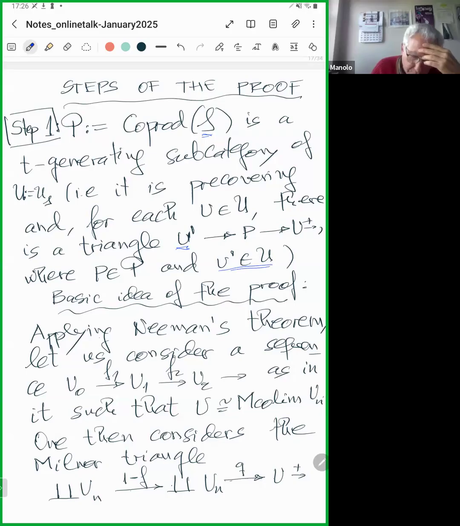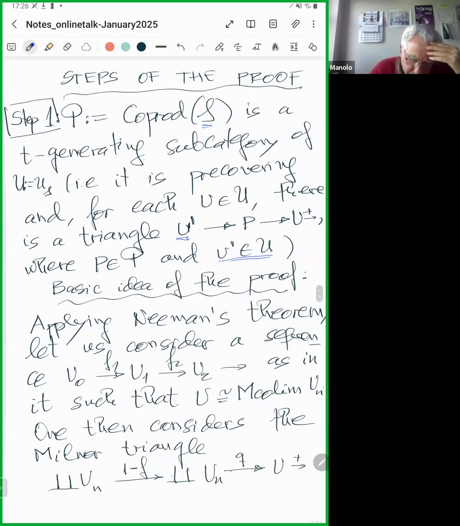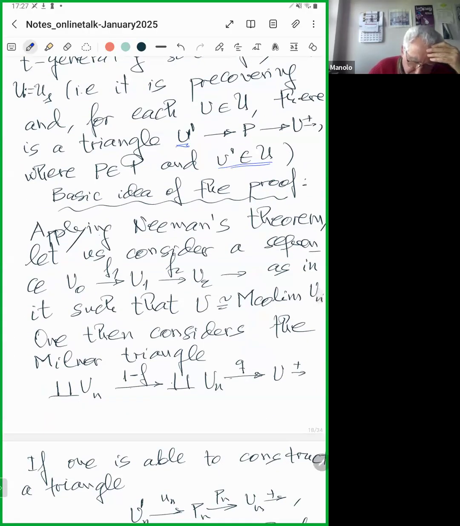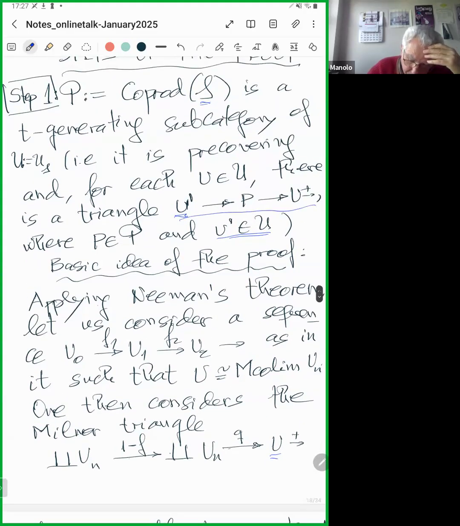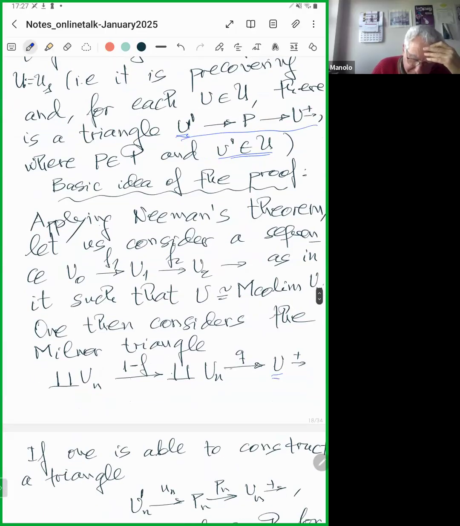When you go to the left, you don't have a guarantee that if you have a morphism between objects of the I, the cocone is going to be again in the I. This is even rarely the case, but here you impose that whenever you have an object in U, you can create a morphism from an object in P such that the cocone is in U again. So the basic idea of the proof is that you start with an object U for which you want to create this triangle, and then you consider the sequence given by Neeman's theorem and the corresponding Milnor triangle.